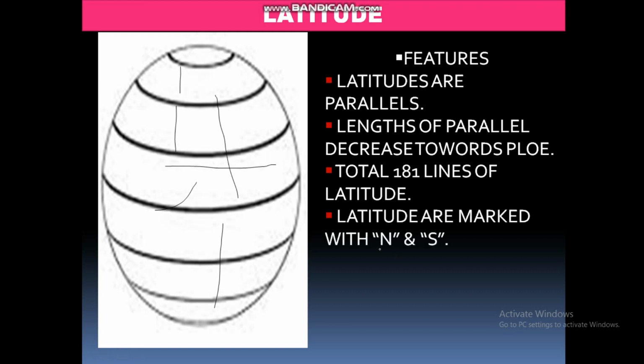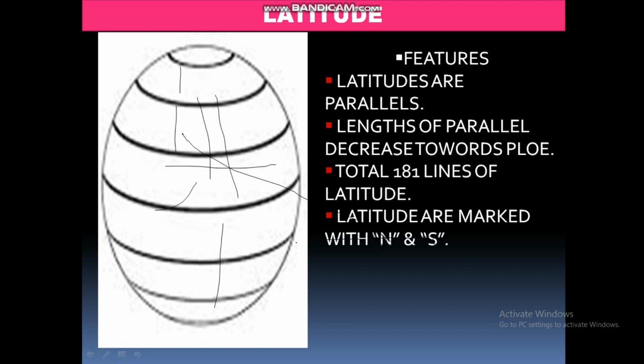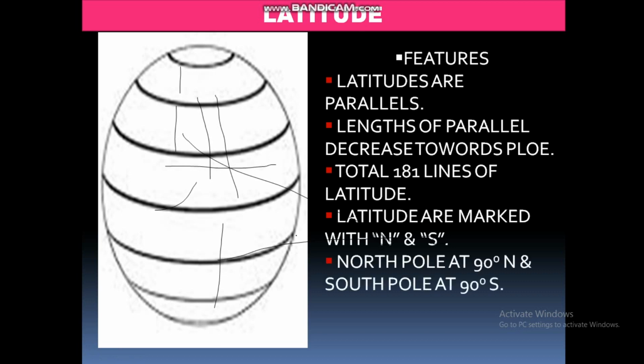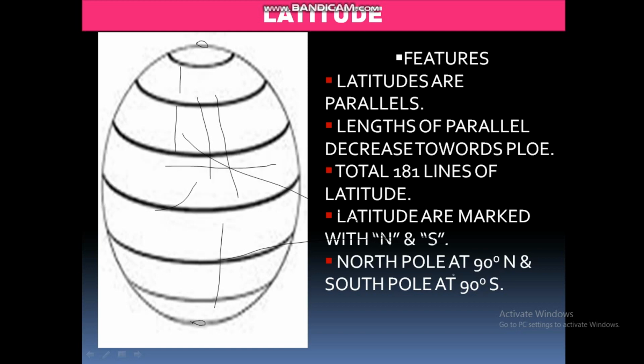Latitudes are always marked by the letters N and S. Those latitudes that fall in the northern hemisphere are marked with the letter N, and those that fall in the southern hemisphere are marked with the letter S. So the North Pole is exactly here, the extreme point or extreme corner of the earth, and the South Pole. The North Pole is marked as 90-degree north, and the South Pole is marked as 90-degree south.